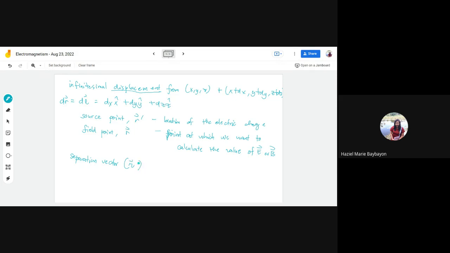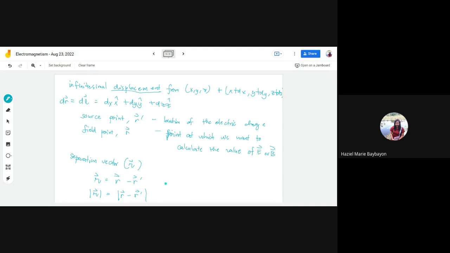So it is a vector. And we can write it mathematically as the field point minus the source point. Okay. So it has magnitude. The magnitude of this separation vector r is equal to the magnitude of r minus r prime.